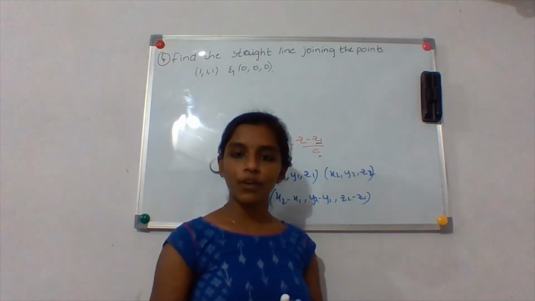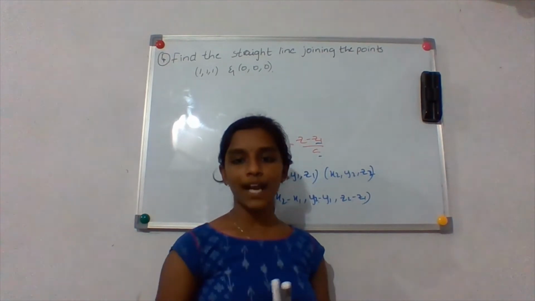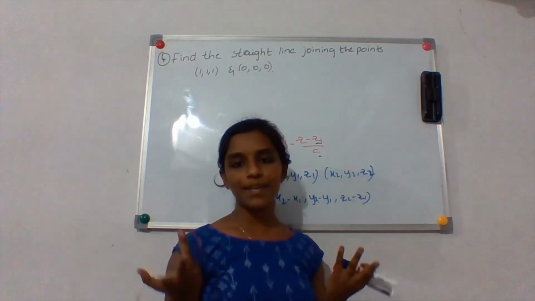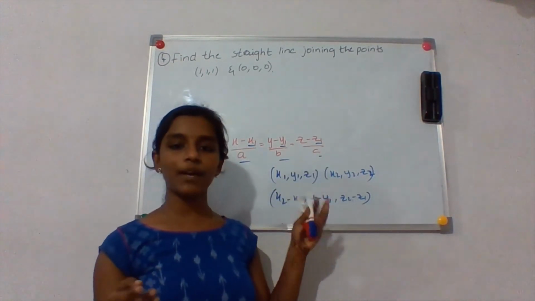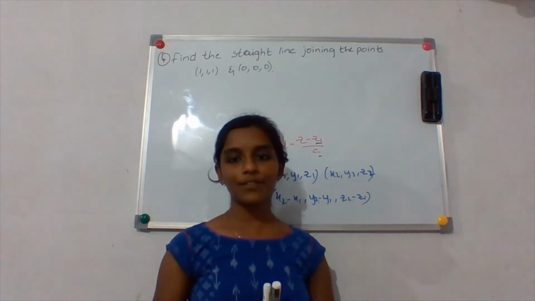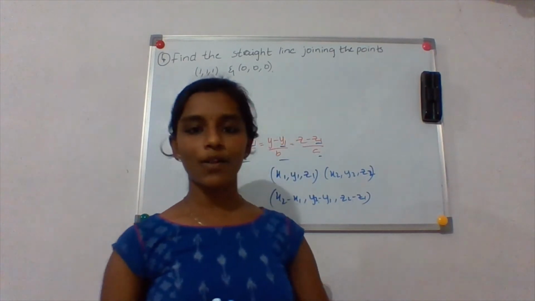This is what you use to find the set of DRs if you know 2 points on the line. So you'll get the DRs, that is a, b, c. Okay, that's done. Now you know a, b, c and you know (x1, y1, z1), and you're done. You'll get the equation of the line. A very basic problem. You can do it and get the answer.